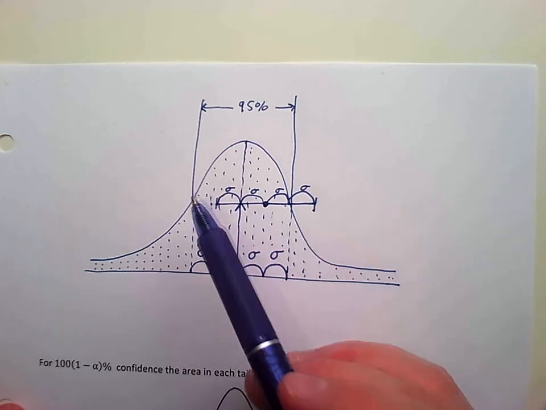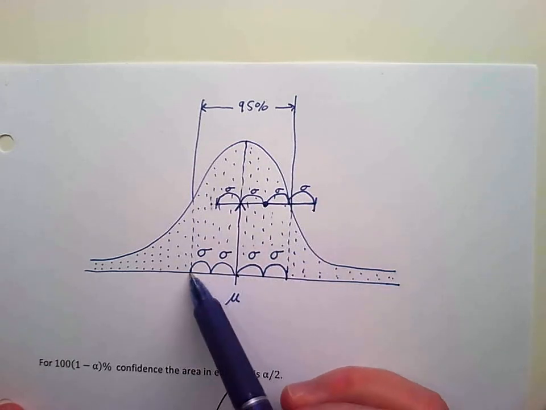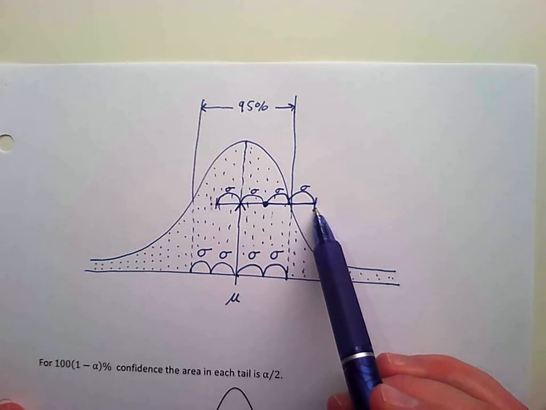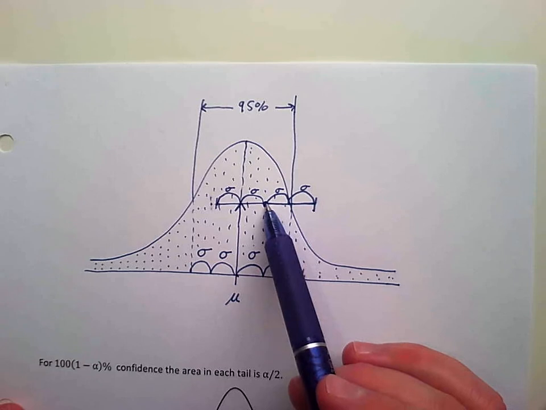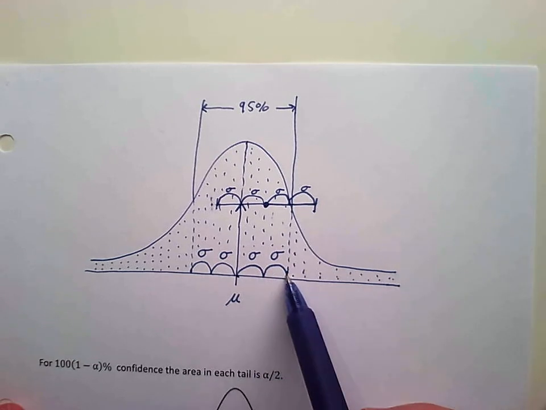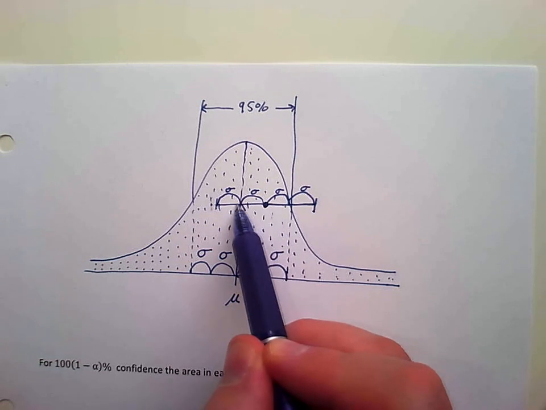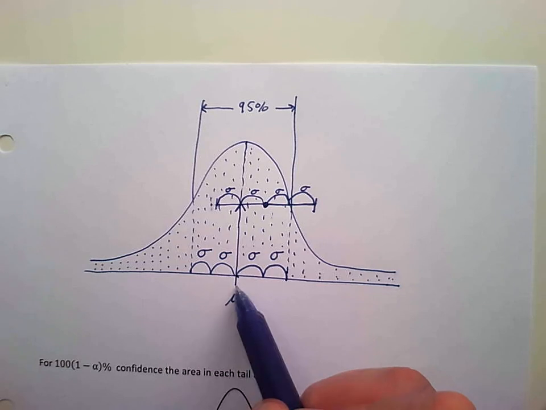Right? So again, if I picked one of these dots in the 95% range right here, any one of the dots, I just happen to take this one right here. If I created an interval around this dot, from here to here, and this interval was the same length on each side as we have down here, then this interval is going to extend down past to where the value of mu is, right?